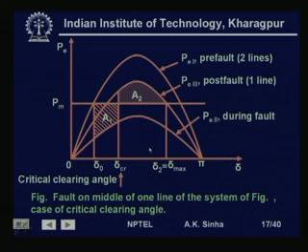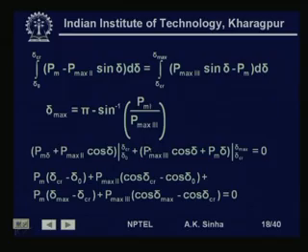Now, how do we find this critical clearing angle? Again, what we need to do is calculate these two areas, that is the maximum available decelerating area and the accelerating area up to the clearing time, and when we get this, equate these, we will get the value of the clearing angle, and that clearing angle we call the critical clearing angle.